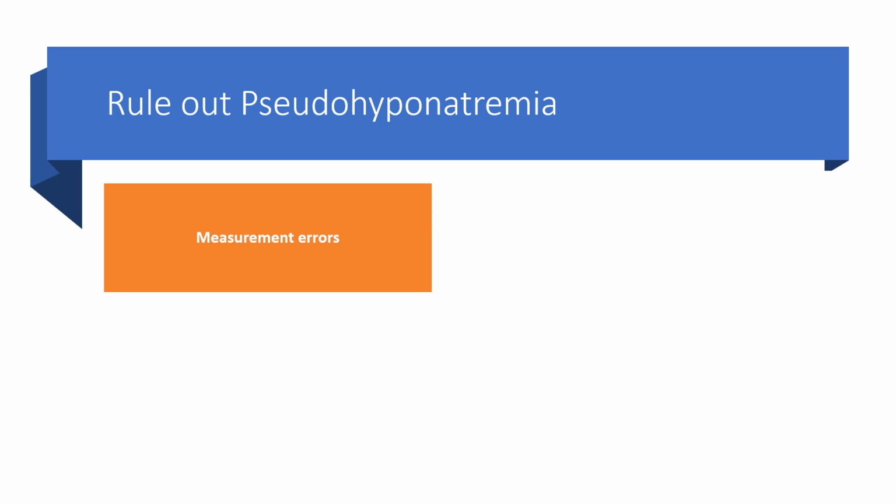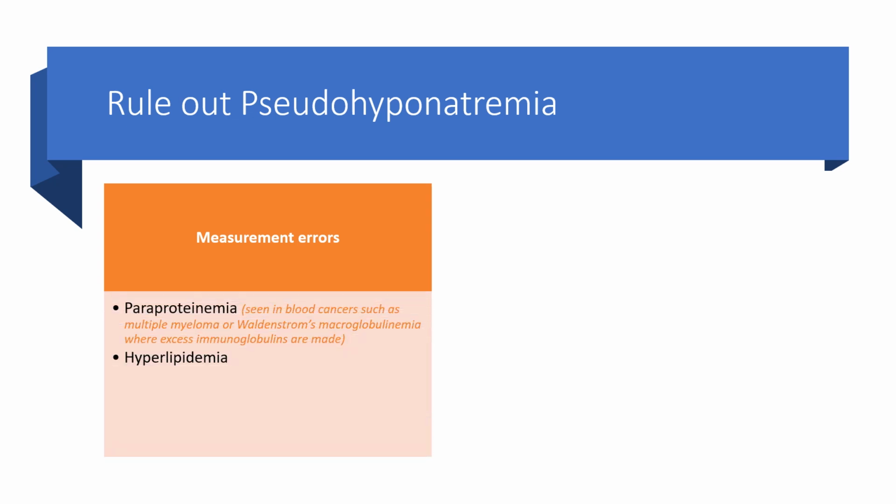When this occurs, it is called pseudo-hyponatremia. Conditions that may interfere with the accurate measurement of serum sodium concentration include paraproteinemia or severe hyperlipidemia. To determine if technical measurement errors are possible, check with your institutional laboratory staff.